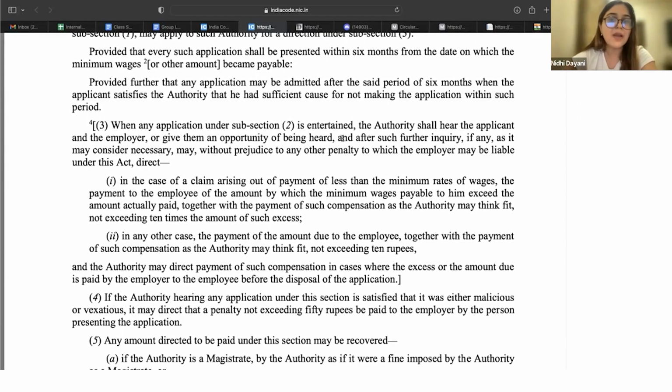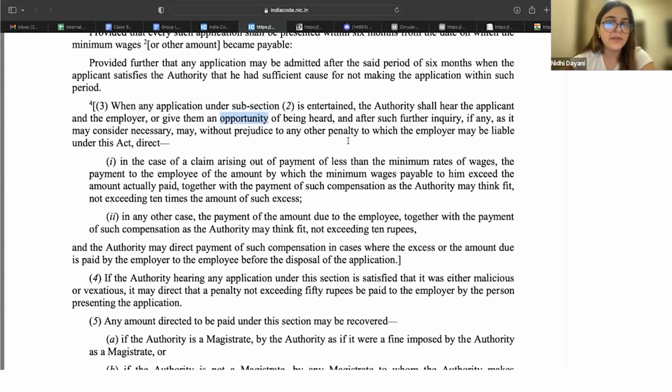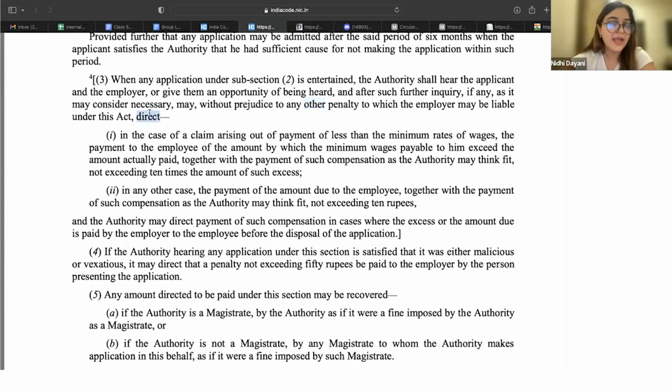Now if the application is entertained, what will the authority do? They will hear the applicant, they will hear the employer. Both parties will have a hearing. Of course, opportunity of being heard will be given, and without prejudice to the other penalties to which the employer may be liable, other penalties are there under the act. Without prejudice to all of them, what can the authority direct?